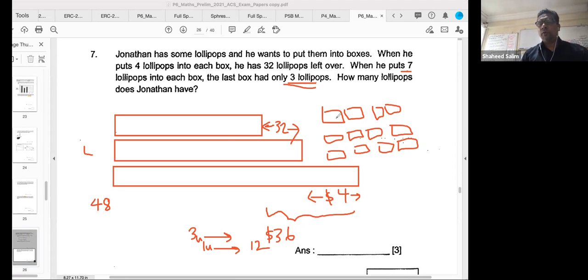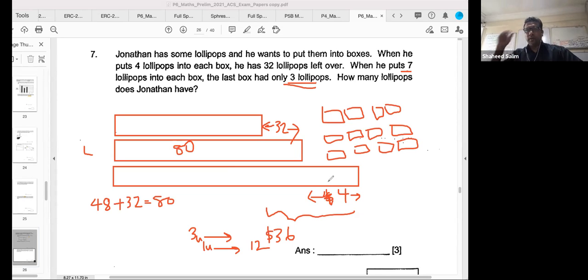Correct or not? Then you have extra 32. So you add up, this is the number of lollipops you have. You got 80 lollipops. Okay, let us see now whether it's true or not. If you put 7 in every one, 7 times 12 is 84. You're short by 4, not $4, 4 lollipops. So it works. This works.